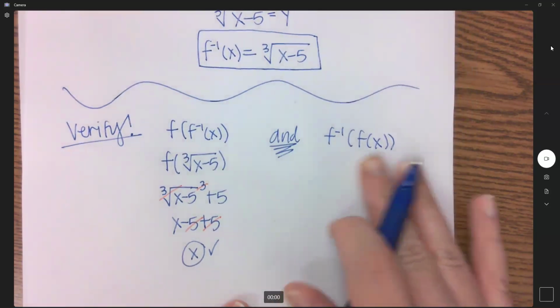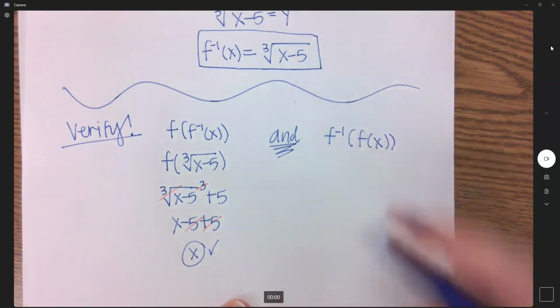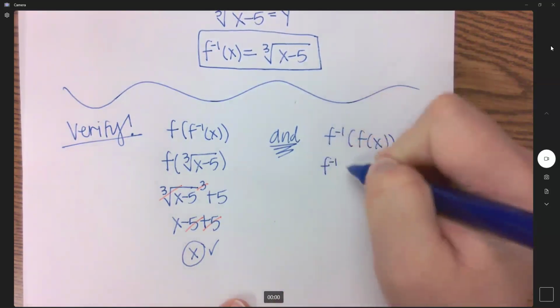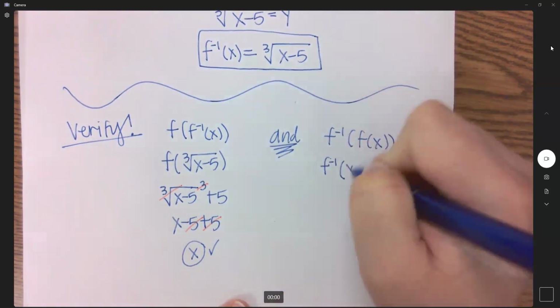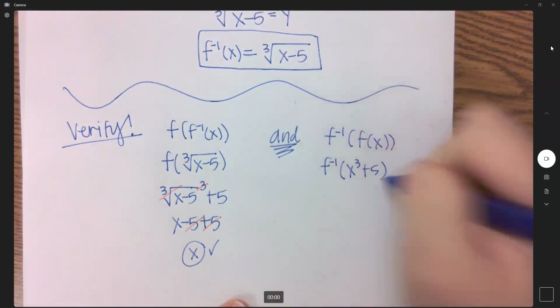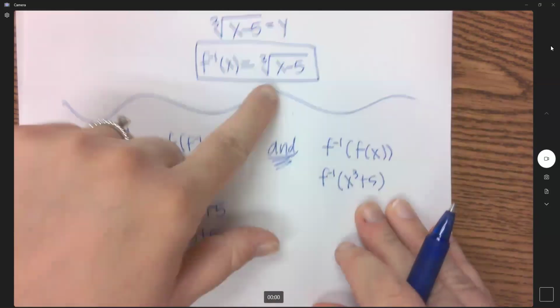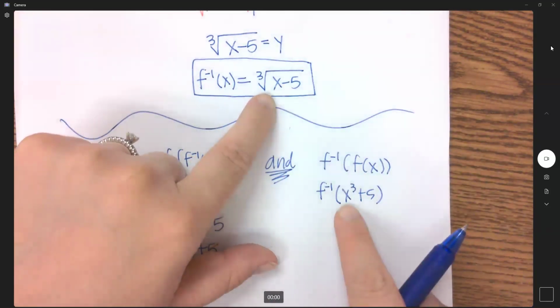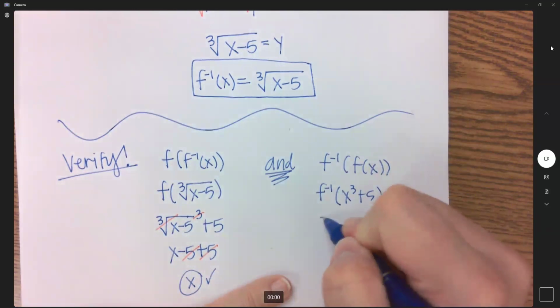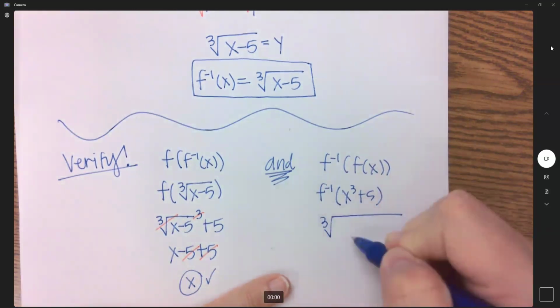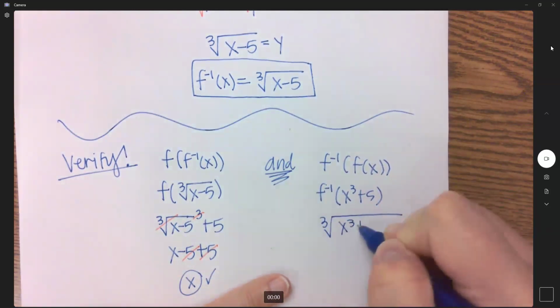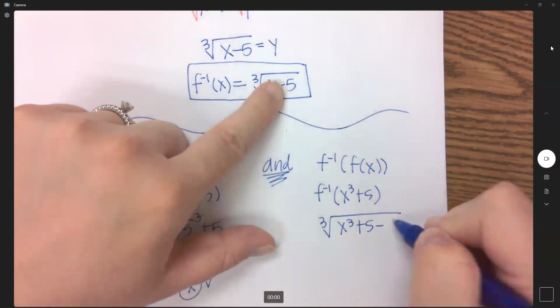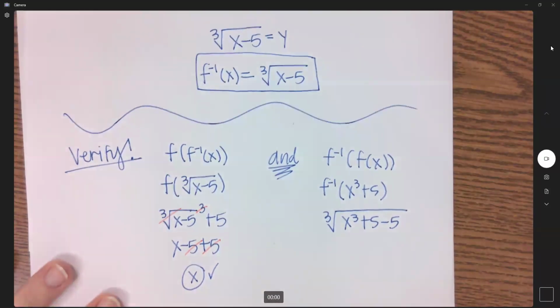Now this one, replace what your function was right here. So we'll have the inverse of x cubed plus 5. And now for your function, replace this x with what we have in parentheses. So I have the cubic root of x cubed plus 5, and then bring over your minus 5.